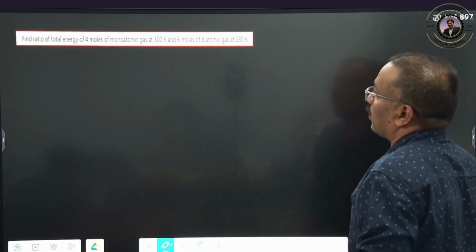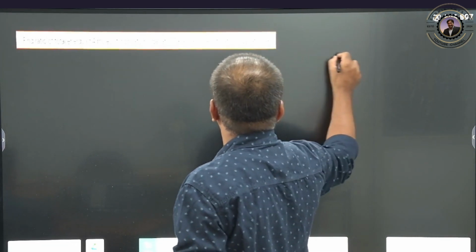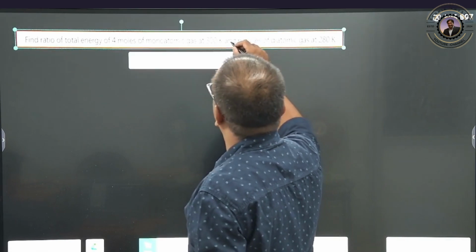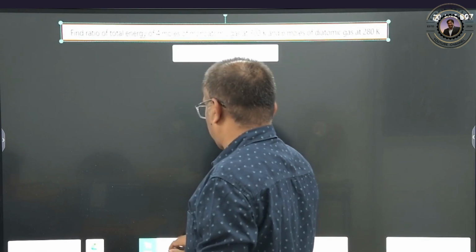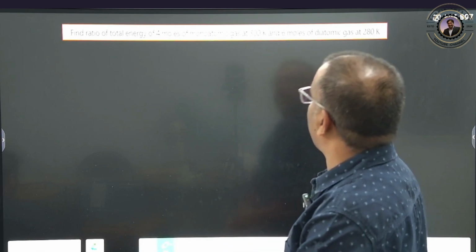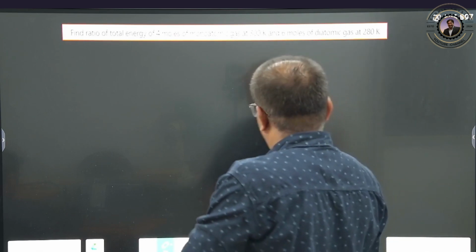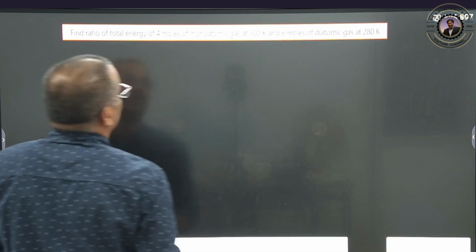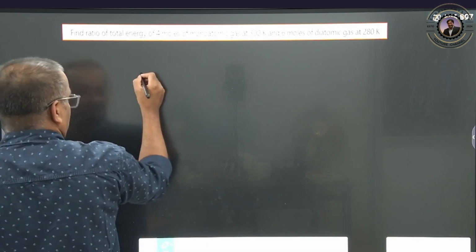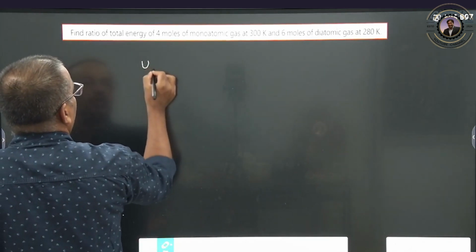Now we will go for another question. Find the ratio of total energy of 4 moles of monoatomic gas at 300 Kelvin and 6 moles of diatomic gas at 280 Kelvin. Therefore here, ratio of total energy, that means we can take total energy. What is the formula here?